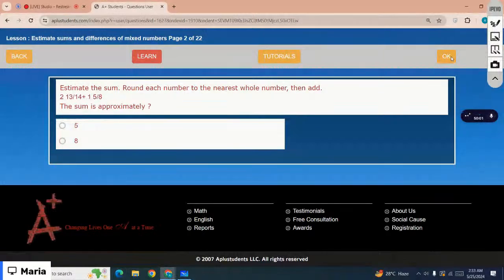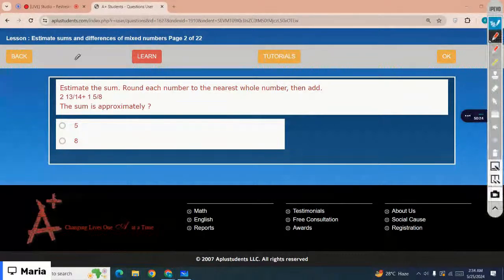Estimate the sum. 2 whole 13 over 14 plus 1 whole 5 over 8. So which is the correct option? Just look at the first fraction, 13 by 14.